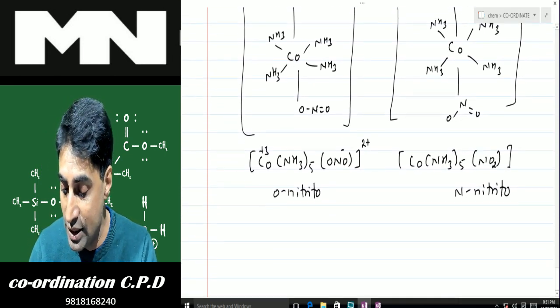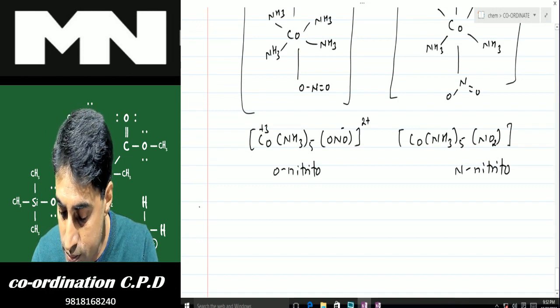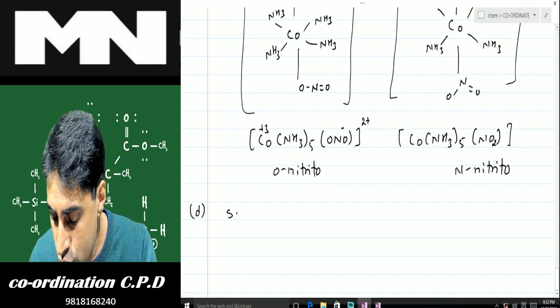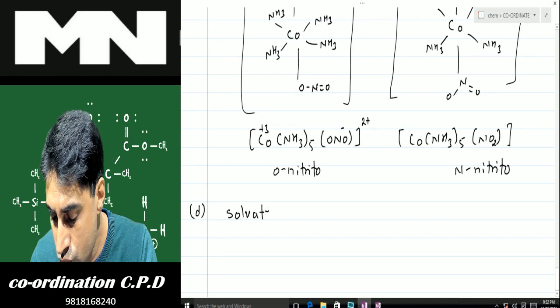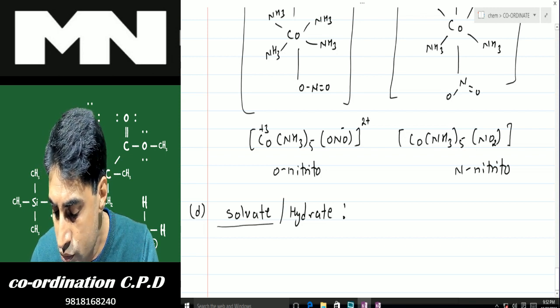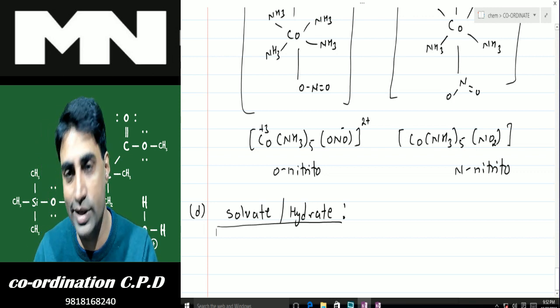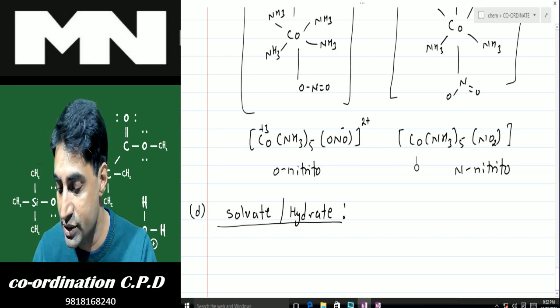Next, we'll move on to the fourth one, that is solvate, also known as hydrate. Solvate means solvent, and if the solvent is water, we call it hydrate. It is very similar to ionization.